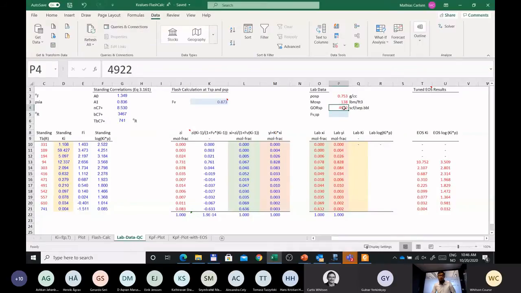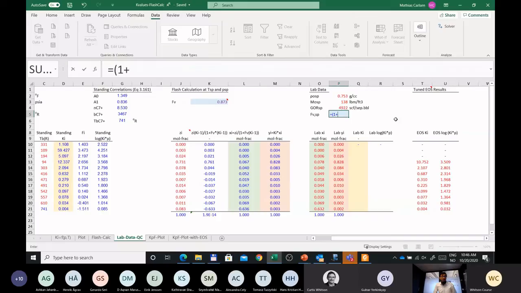So 4922. If we want to calculate the FG value now, go into the formula sheet and see the formula.